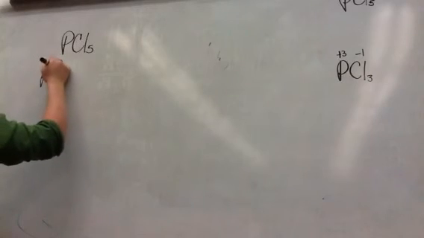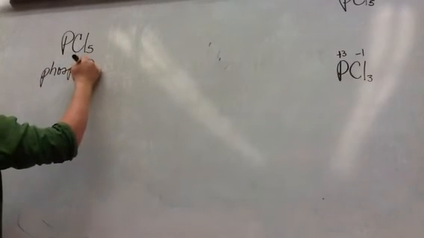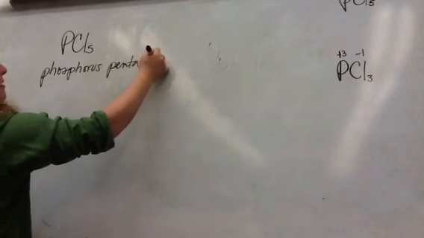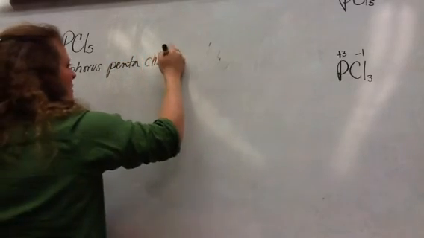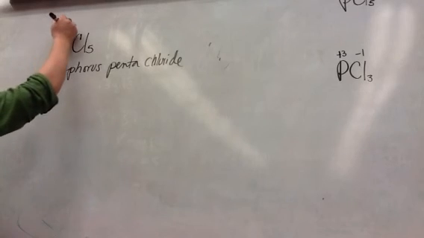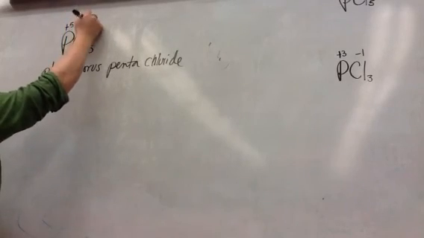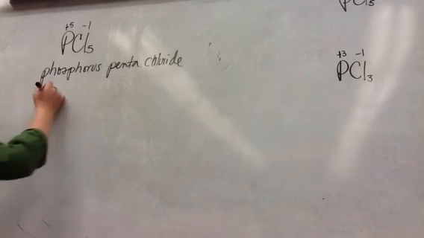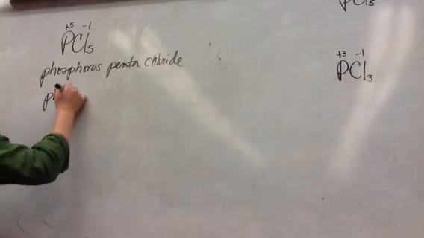Phosphorus pentachloride. Under what's called the stock system of nomenclature for these things, we have to remember that we have these oxidation numbers up here. This is called phosphorus 5.